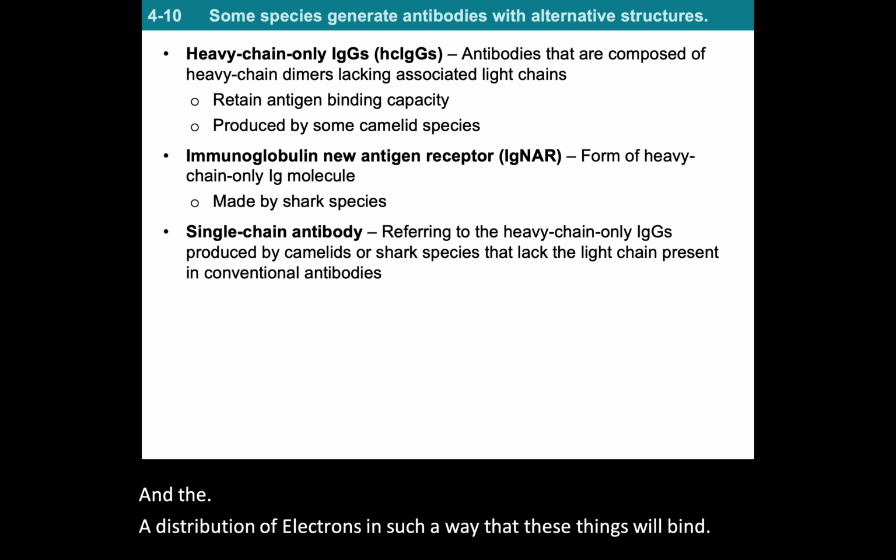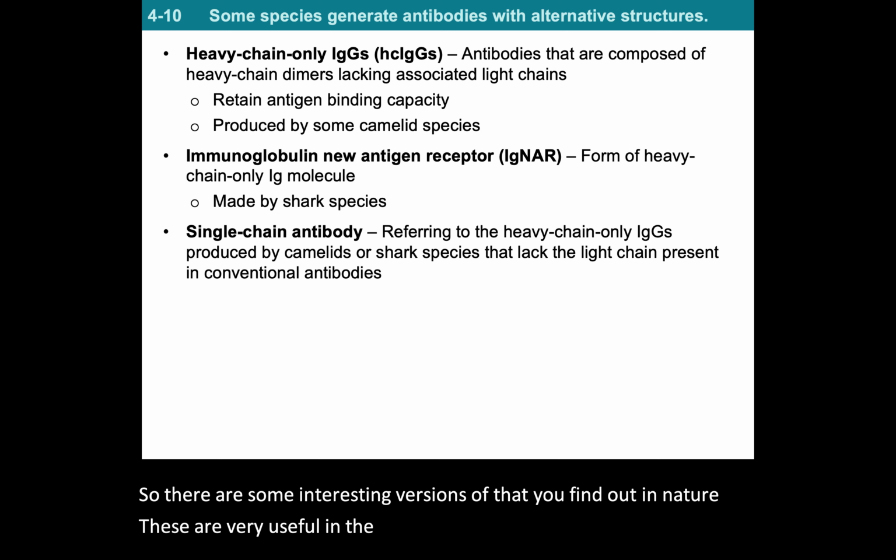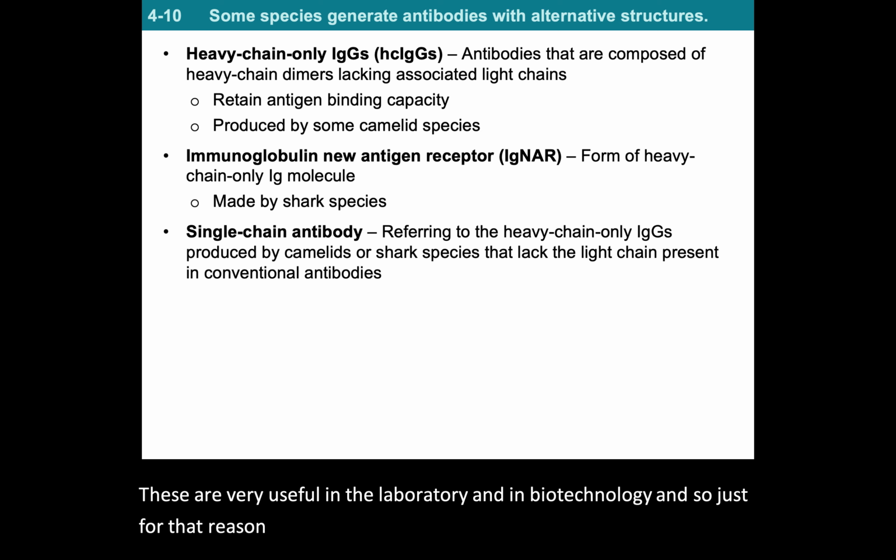Okay. So there are some interesting versions of these that you find out in nature. These are very useful in the laboratory and in biotechnology. And so just for that reason, it's worth bringing up. So some animals have heavy chain only immunoglobulins.